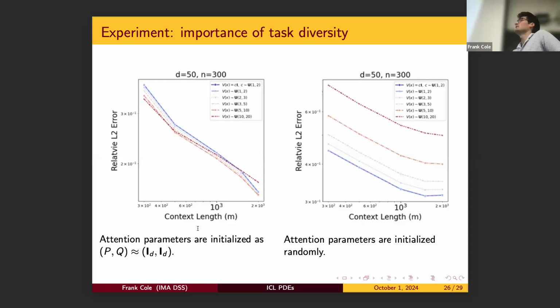So you think the identity should work because it commutes with all matrices. The plot on the right initializes the parameters randomly. And what you see is basically comparable test loss when the coefficients are still constant, but a great difference when the coefficients are non-constant.